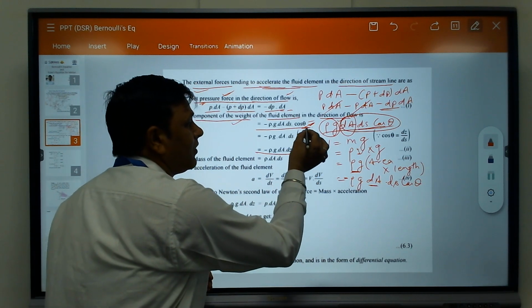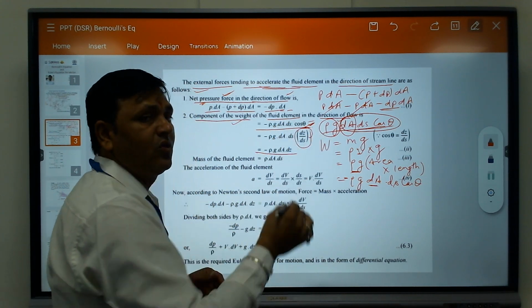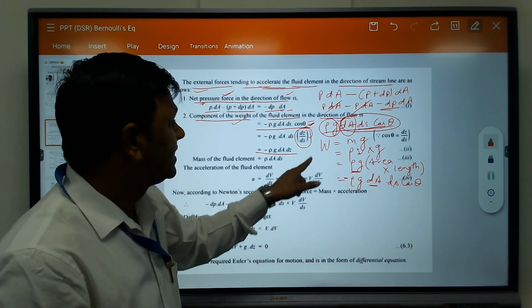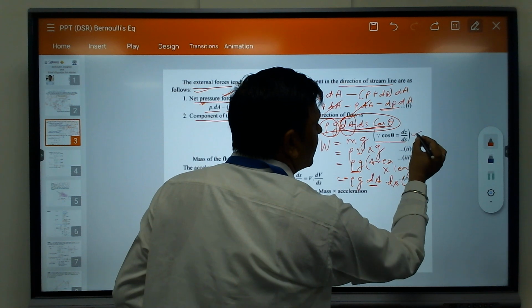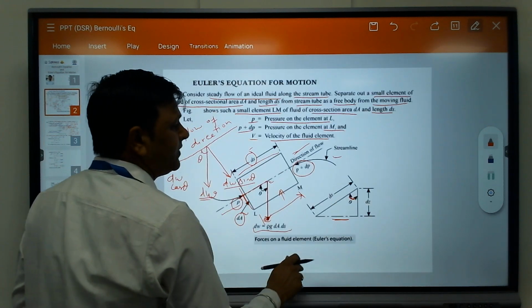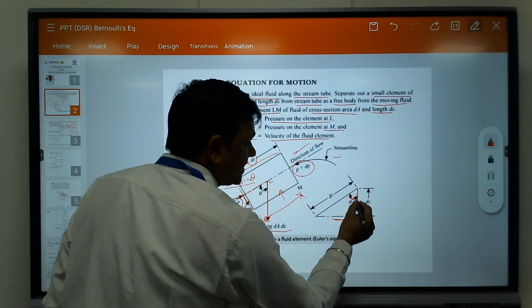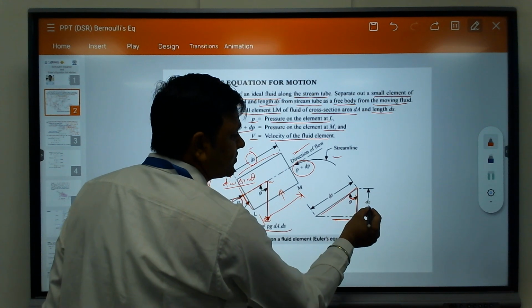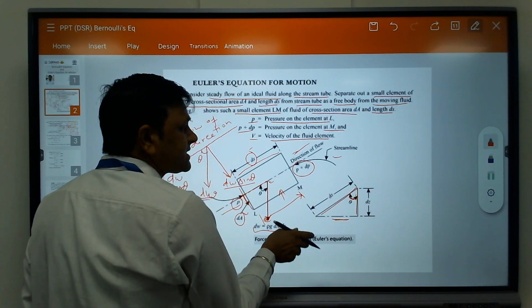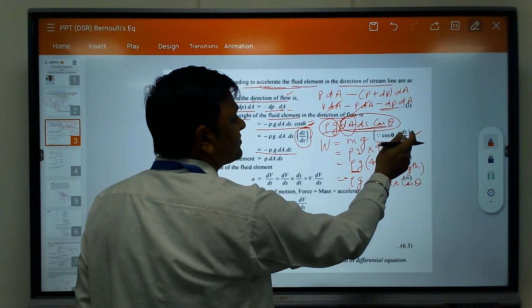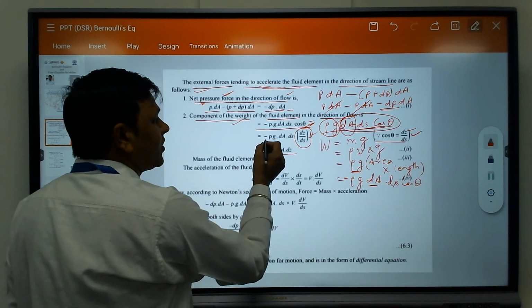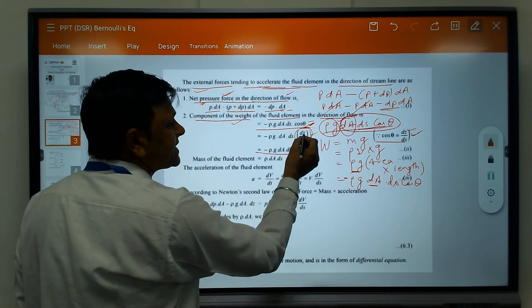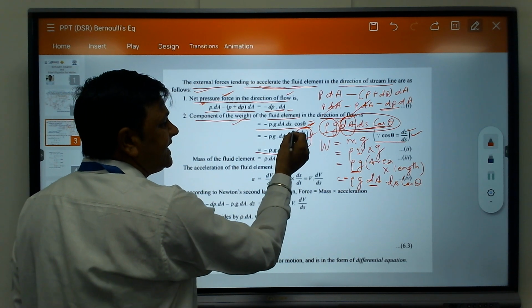Now what is dz over ds? From this triangle, cos theta is equal to dz over ds. Putting these values in this equation, we get minus rho g dA ds times dz over ds, and ds cancels with ds.